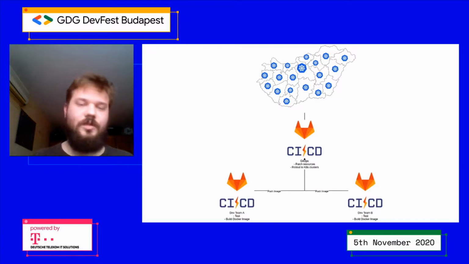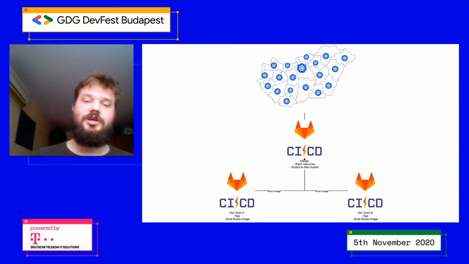And basically what we did is that the developer teams each already had their own GitLab repos and CI/CDs, so they could build their own Docker images and push those to our GitOps repo, where we store our Helm charts.